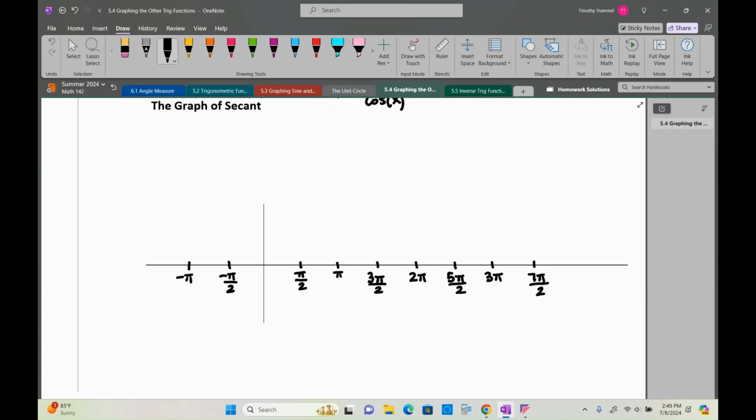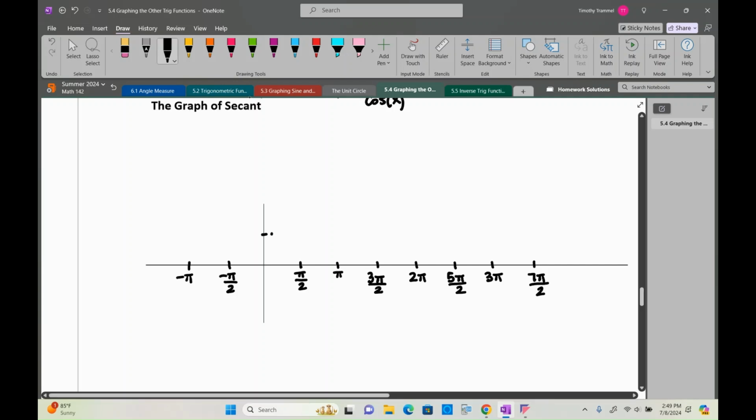Right, and so for sine and cosine, we only have to go up to 1 and down to minus 1. And so if we were going to graph cosine, cosine starts at the top of the wave. So I just need to fill all these in here. And I'm putting this one in yellow because I don't want it to stand out, because this isn't actually the graph of secant. This is about to be the graph of cosine.